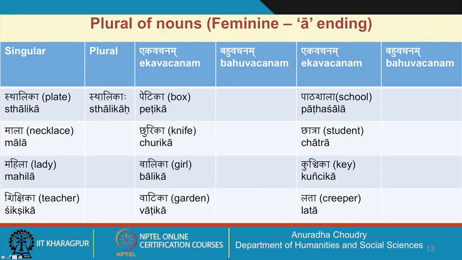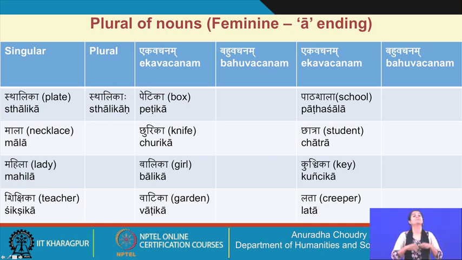Now let's look at some words there. So, sthalika, sthalikaha. I would also recommend that you close your eyes and as I tell you the word, see if you can just repeat it in your mind, okay? Mala, very good, malaha. Mahila, kshikshika, petika, petikaha. Very good. Churika, churikaha.